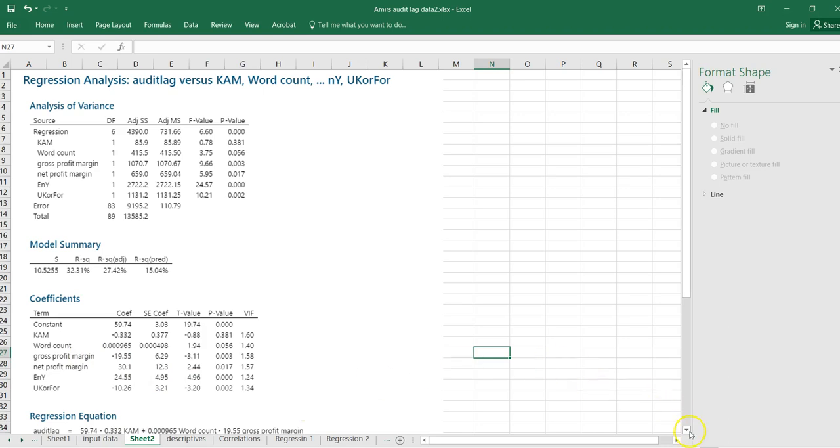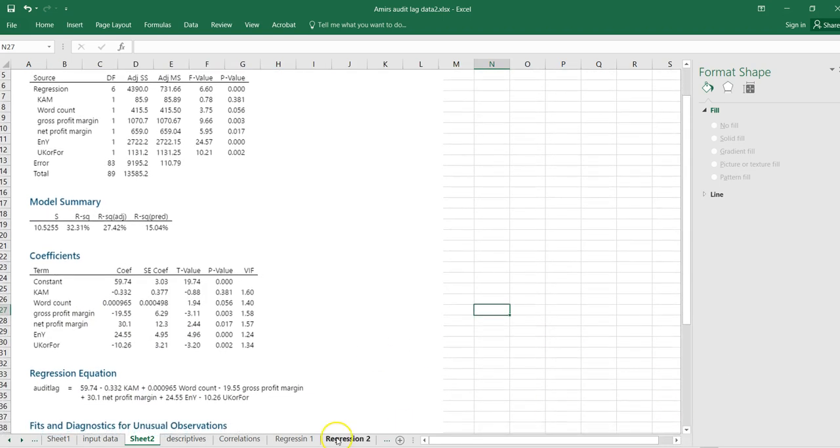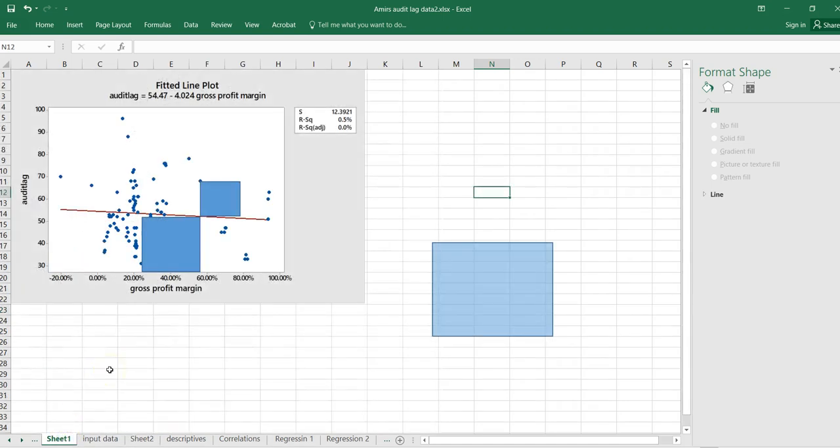Let's go back down to the equation here. I just wanted to have a look at that relationship in isolation. And so we looked at it using the graph function, and with a scatter plot with a fitted line.